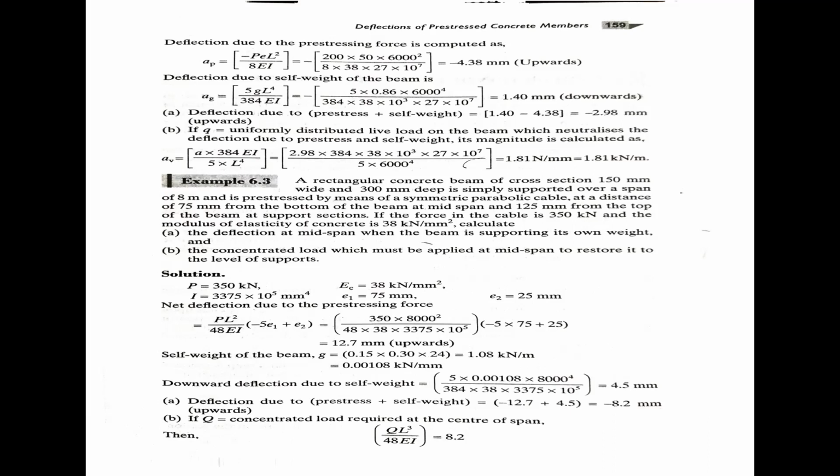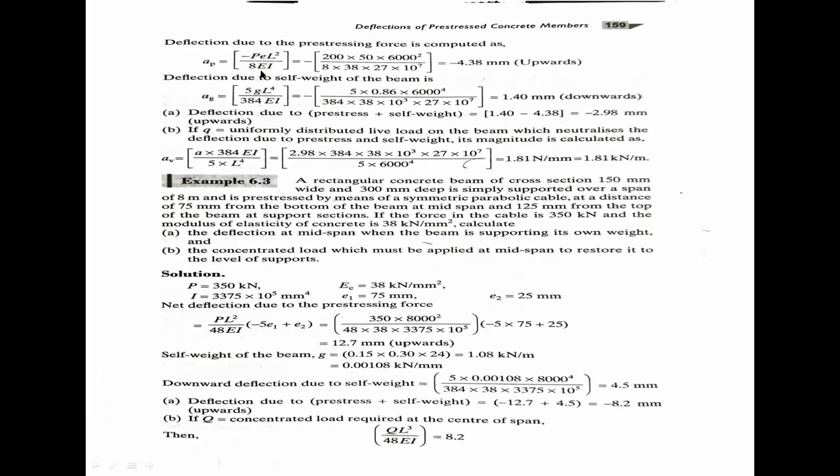You have to calculate the dead load now. g equals 0.3 into 0.12 into the unit weight of concrete. You get the value 0.86 Newton per mm. That is the dead load. Now substitute in this equation to calculate the deflection for self weight: Δg equals 5gL to the power 4 by 384 EI. Substituting, we finally get the value 1.40 mm downward deflection.